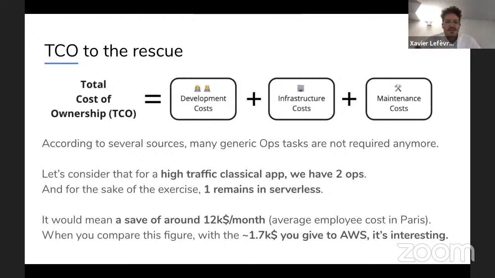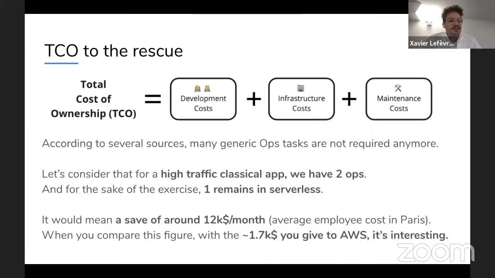So there are several sources talking about that, some serious white papers, and most of them talk about the fact that you can give to AWS many generic ops tasks, and that either you refocus ops on more customer and business-centric tasks or elsewhere, which means that you can reroute or save money. If you consider that for a high traffic classical app, we have two ops.